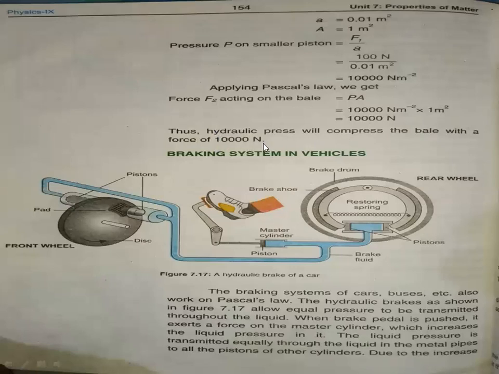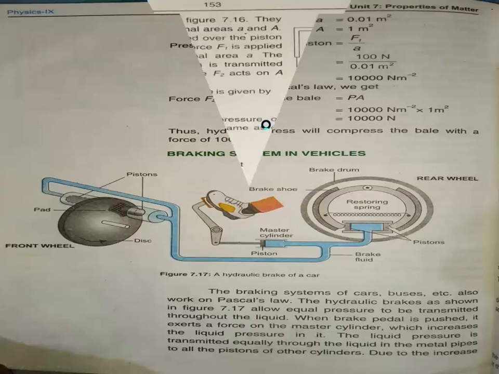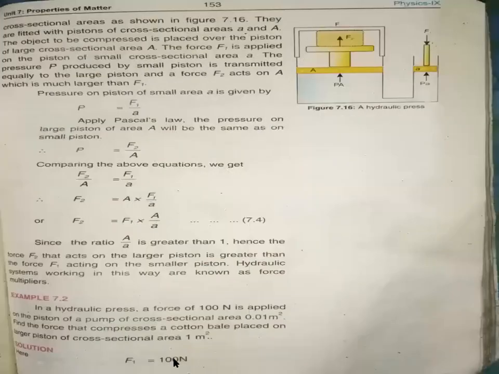As I discussed in my lecture on Pascal's law, in a hydraulic press F2 is much greater than F1, which is only 100 Newton. So this is the proof of the hydraulic press.